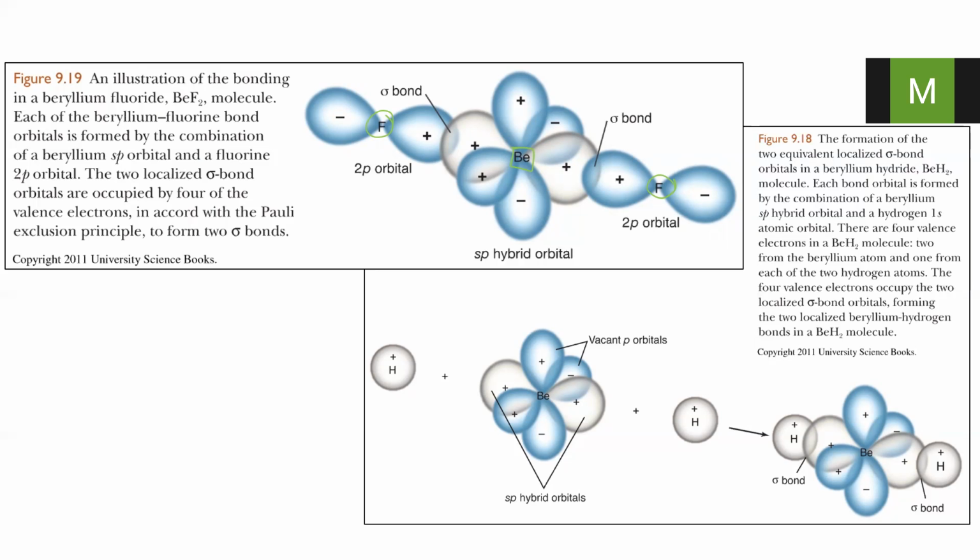And so that's your initial introduction to sp hybridization. If you think about this, right, we're talking about a steric number of 2. The electron geometry is linear, right?